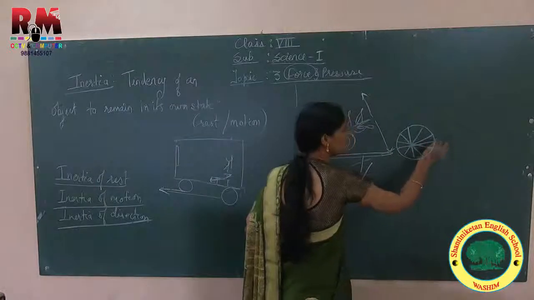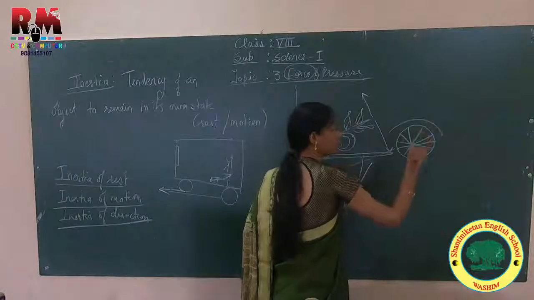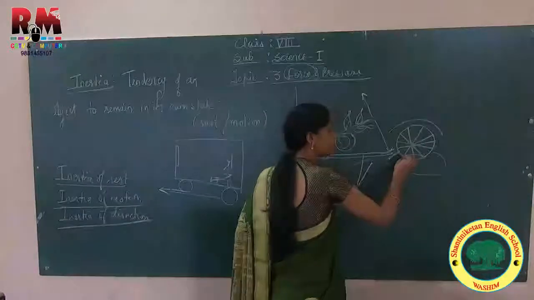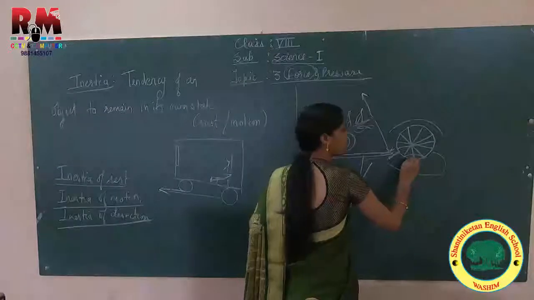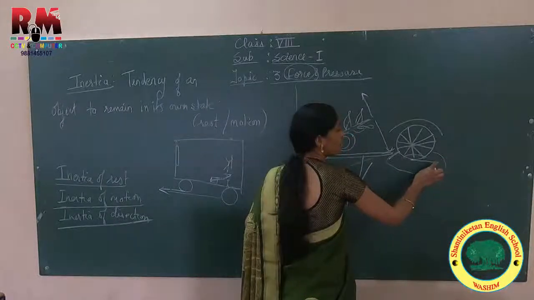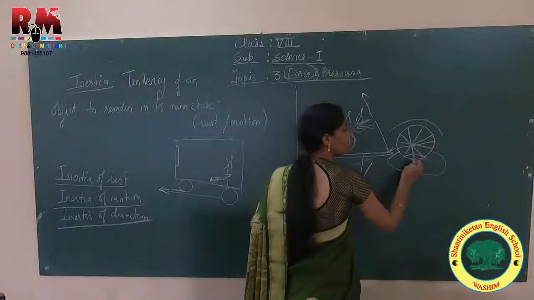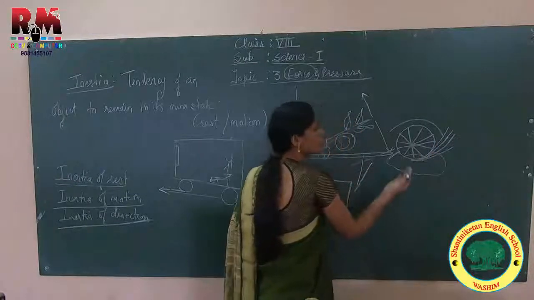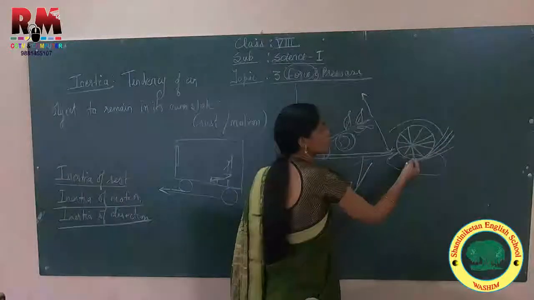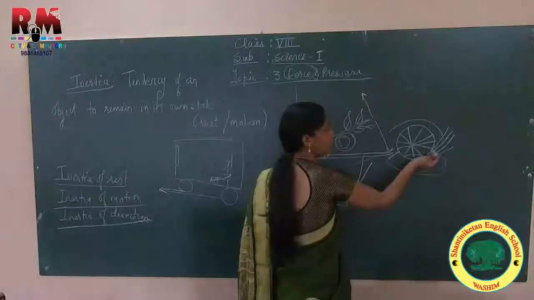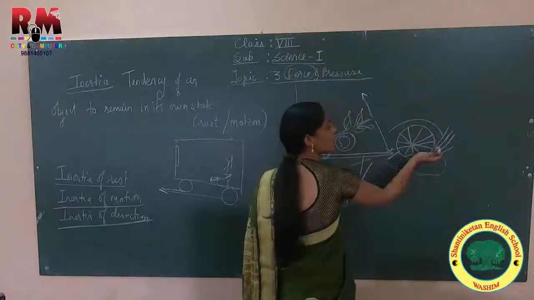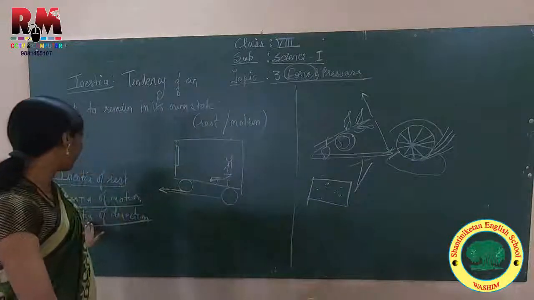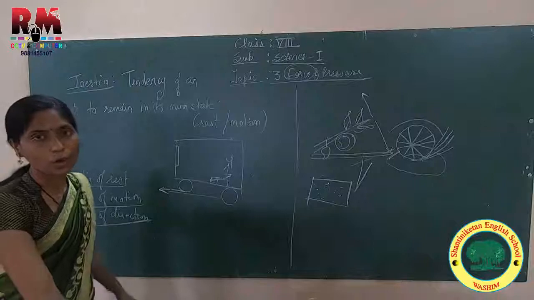Now this is your bicycle tire, and when it is moving through water, actually this water particle must move like this, but you will observe that it is going like this, okay. Why is this water coming? Because it has this inertia of direction. It should move in this way. That's why it gets that much curve. Because its tendency is to be in its own direction. So that is known as inertia of direction.